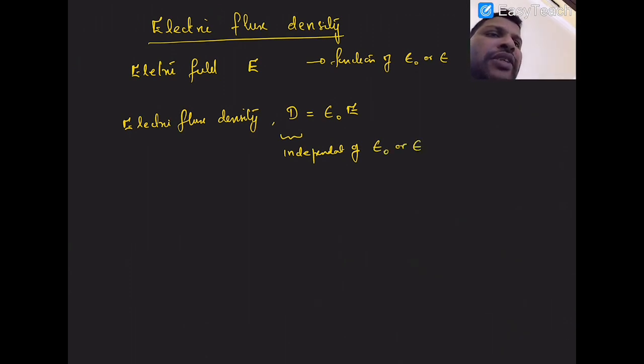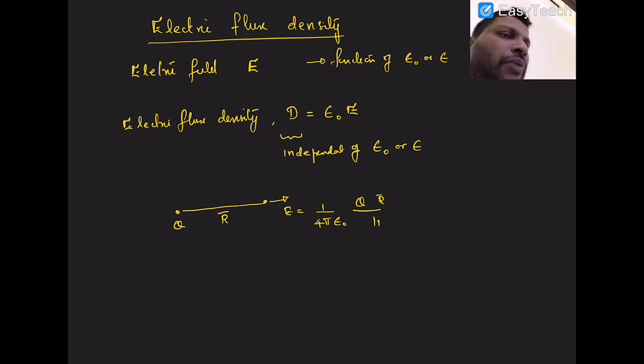Suppose due to a point charge Q, the electric field at a distance r, where r is the vector, is given as E equals 1 by 4 pi epsilon 0, then Q into the vector r divided by the magnitude of vector r whole cube.